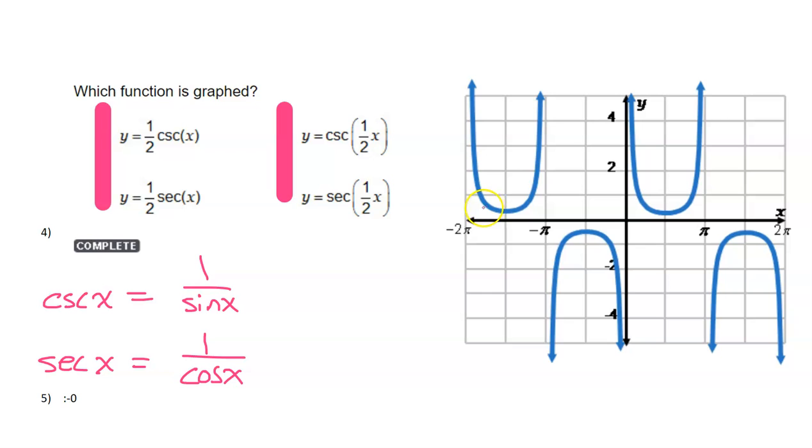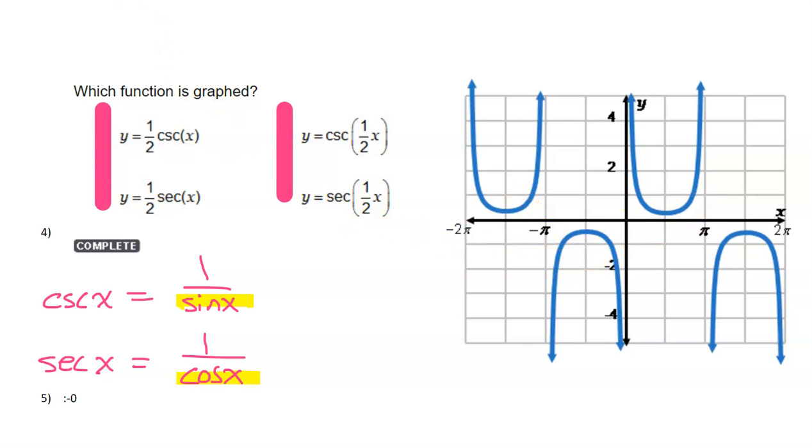So, when you graph a secant or a cosecant function, you don't graph them directly. You start by graphing sine and cosine. So we're going to be actually looking for the sine or cosine graphs hidden in between these peaks and valleys.